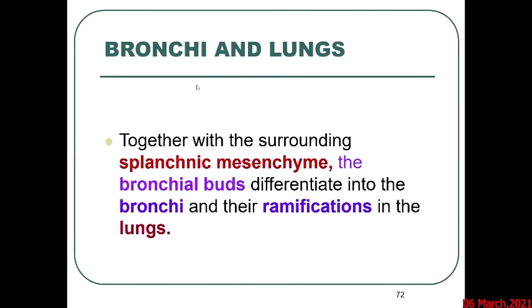So a bronchus or bronchi has cartilage, but when it becomes very small in diameter, it becomes a bronchiole, where there is no cartilage, but they have smooth muscles, and these smooth muscles are regulated by the autonomic nervous system. So these bronchial buds differentiate into bronchi and their ramifications in the lungs.